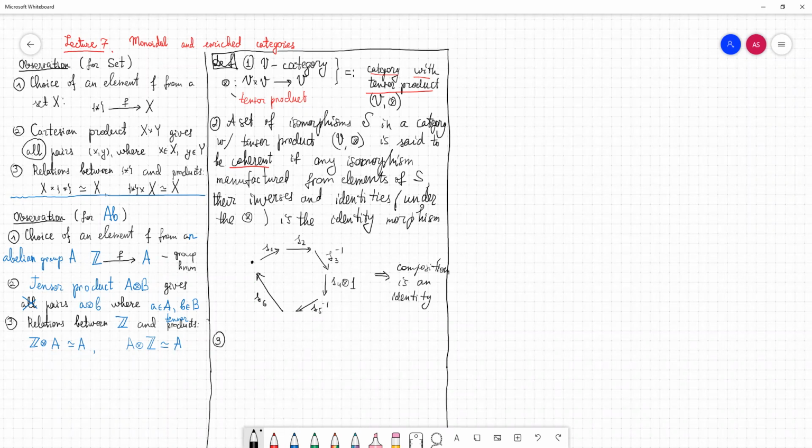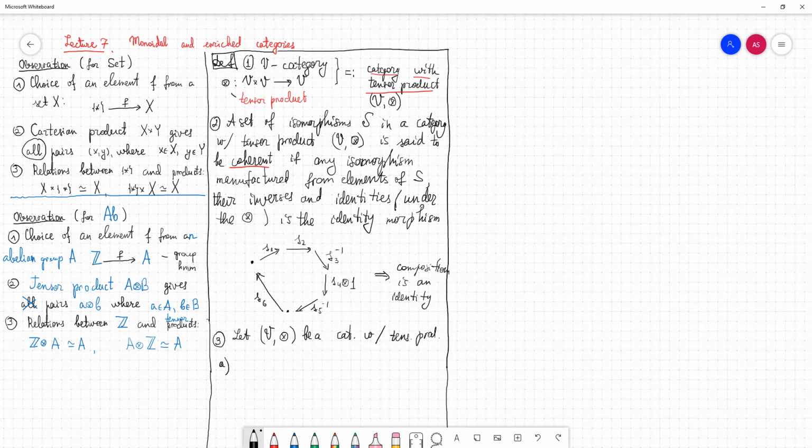And to see it in action, we need to define a couple more natural isomorphisms that are related to the tensor product operation, and then we will see how it gives us the definition of monoidal category. So part 3 of the definition: let V, comma, tensor product be a category with tensor product.